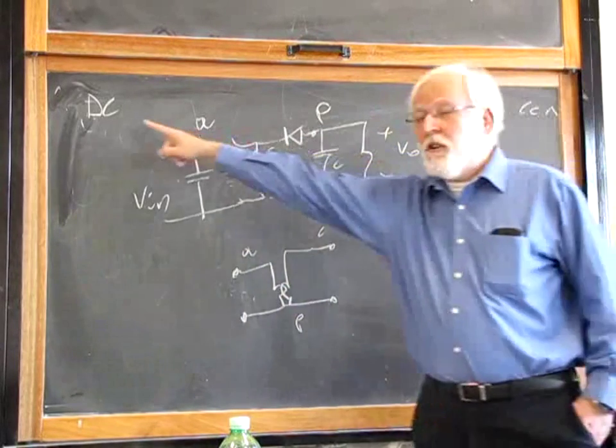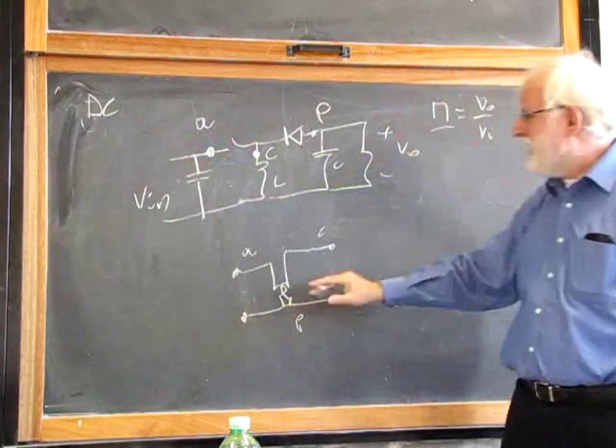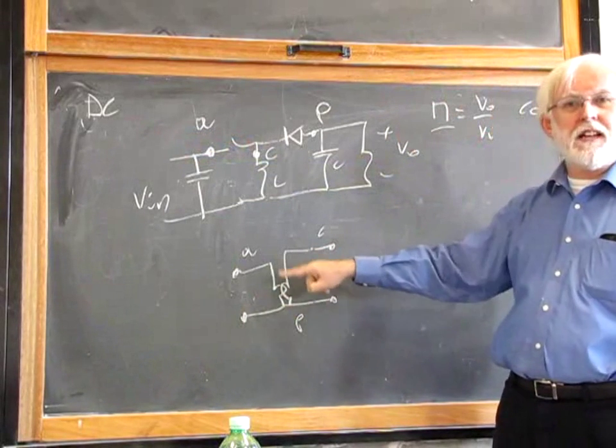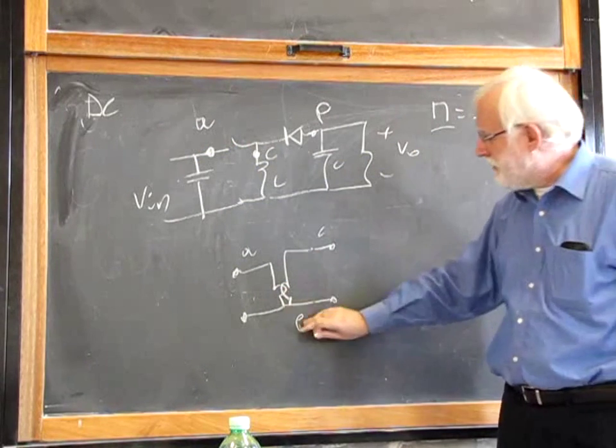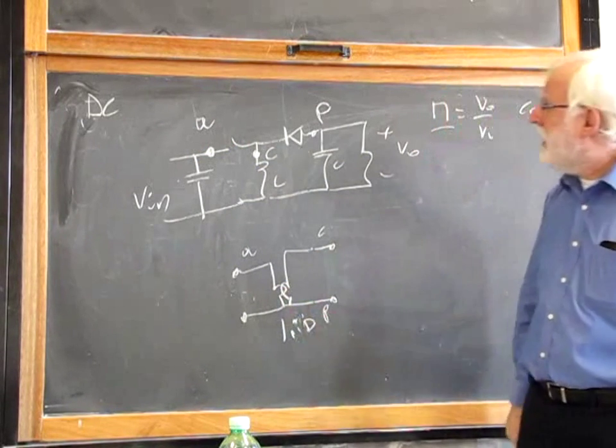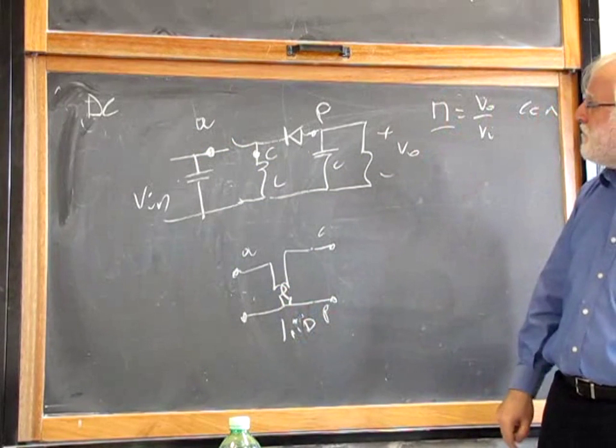I do it only for DC. For AC it is exactly the same. Here I should add two extra controlled sources, and this is 1 to D.